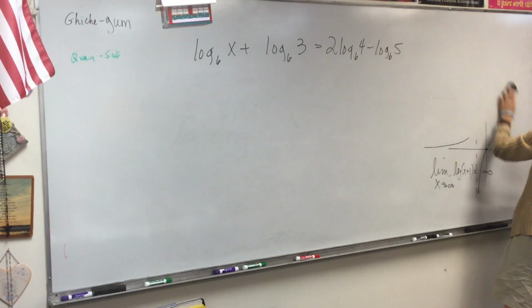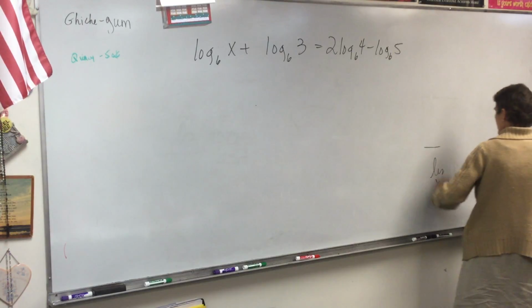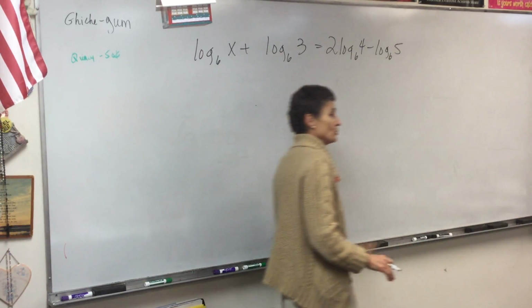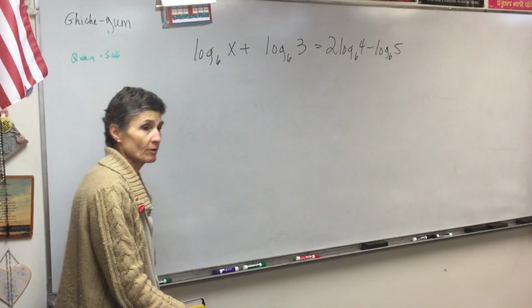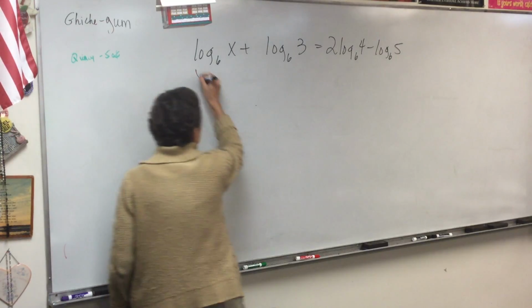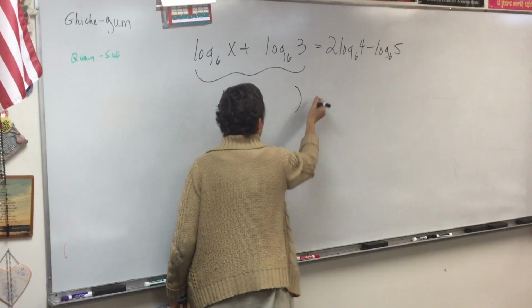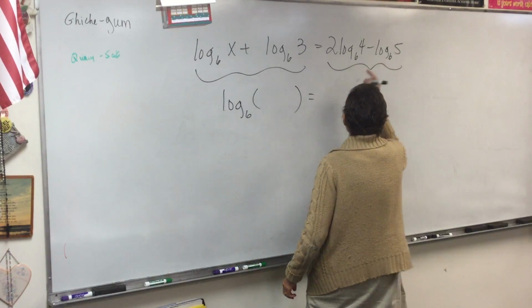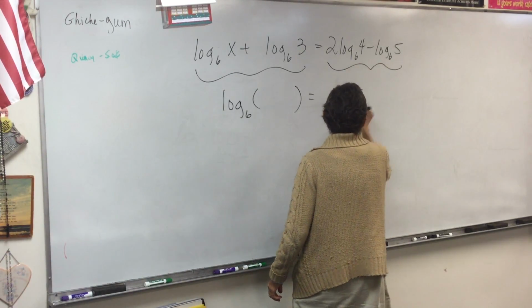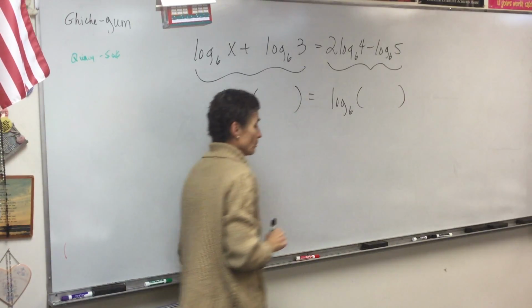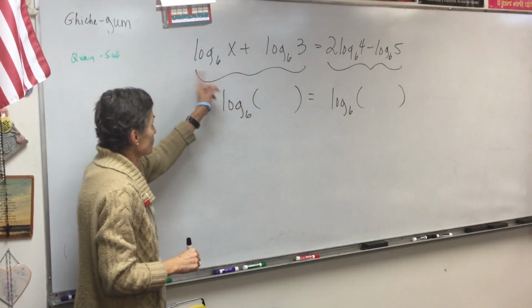You can't have more than one on each side, so we're gonna have to do what? Put them together. So these two are gonna have to be put together into one logarithm. And, oh boy, these are gonna have to go together into one logarithm, but there's another problem over here, we'll deal with it in a minute. Let's take care of this first.